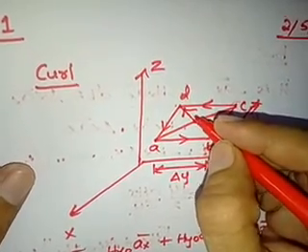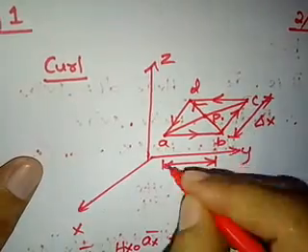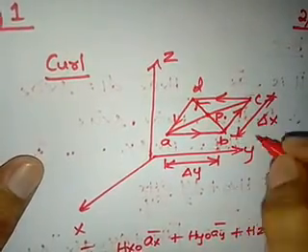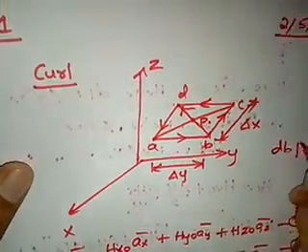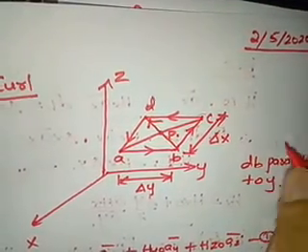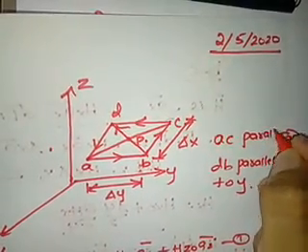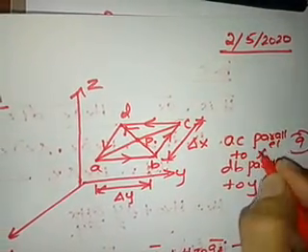See here, delta y by 2. D to B is parallel to y, and A to C is parallel to x here in the 3D view.